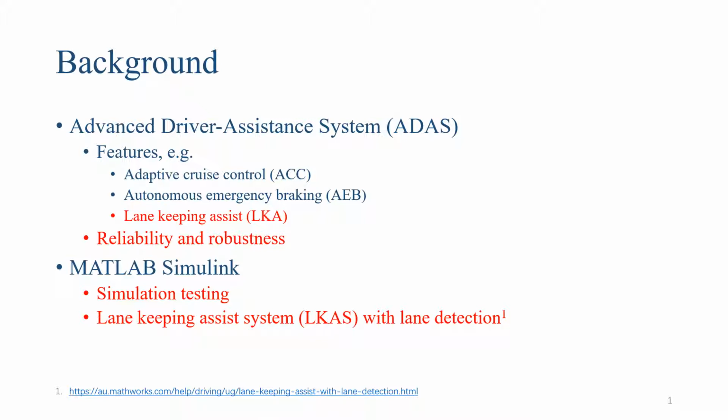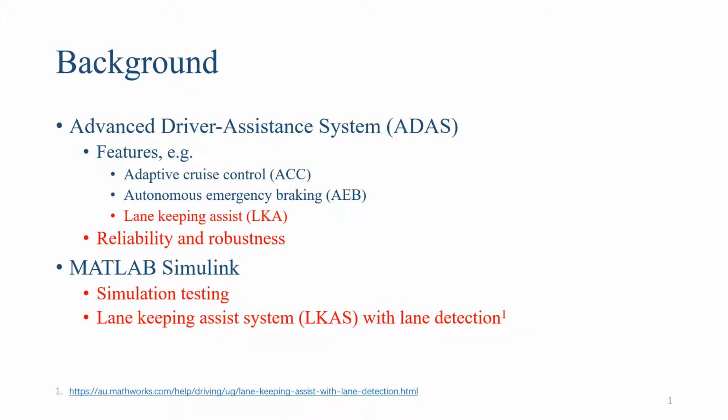And of course, ADAS are safety critical systems, so smart testing strategies are demanded to evaluate and hopefully increase the reliability and robustness of ADAS. To verify the LKAS, there could be multiple ways, like X in the loop, road test, and so on.